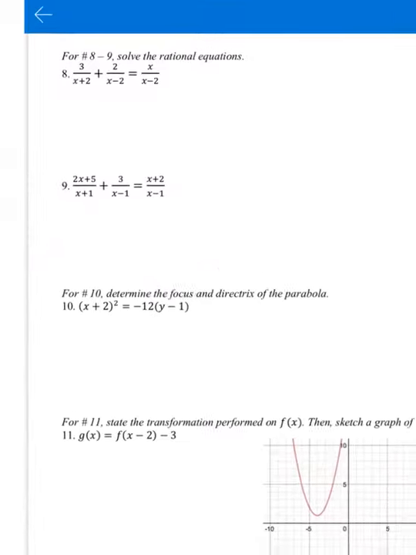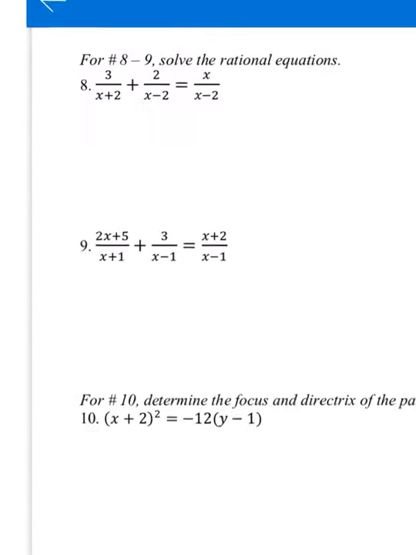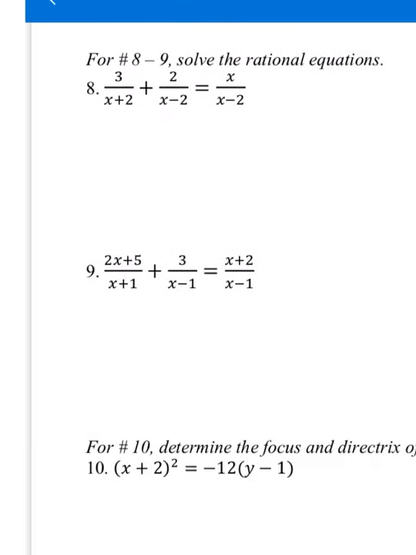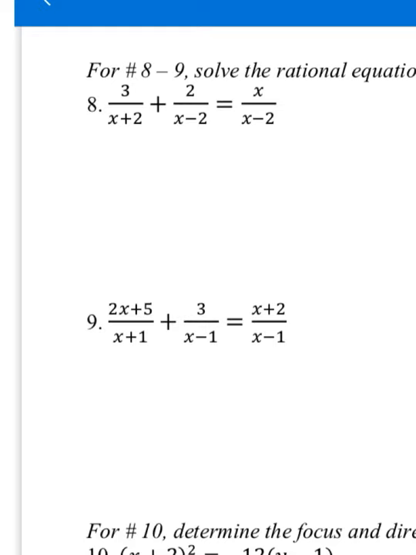For numbers 8 and 9, these are our rational equations. Your first step really should be to factor the denominators to see what your LCD would be. In this case though, our LCD is easily going to be x plus 2 times x minus 2. So I'm going to put that on top of all of my fractions.